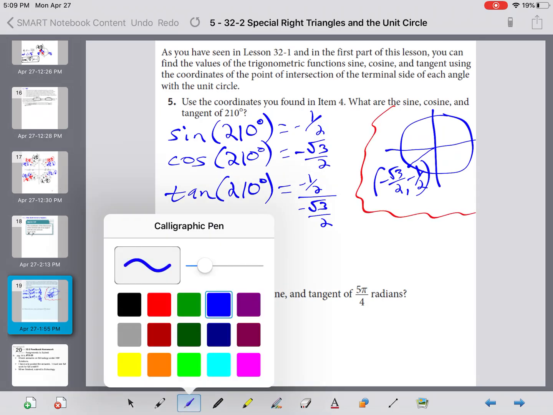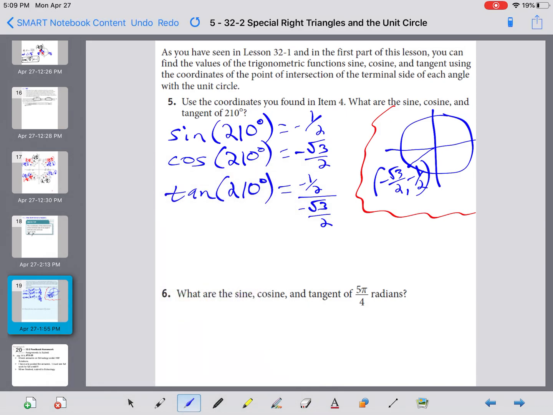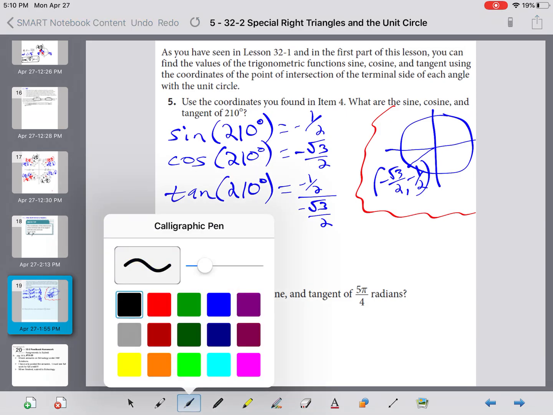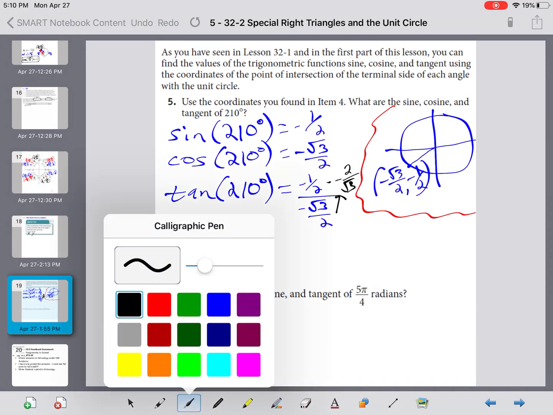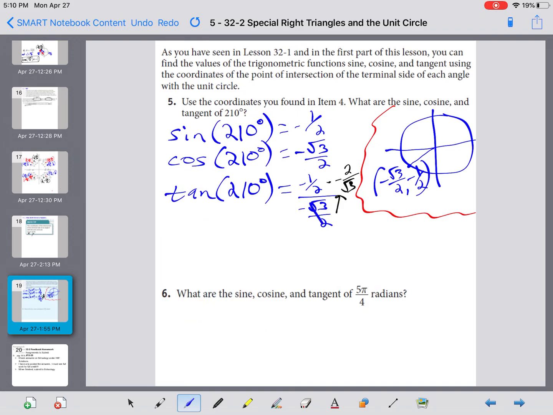So I'm just going to make that picture over there. If I multiply by the reciprocal here, if I bring this up and multiply by negative 2 over root 3, the 2's reduce, but what I get is positive, because a negative times a negative.